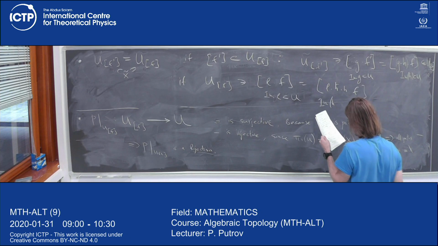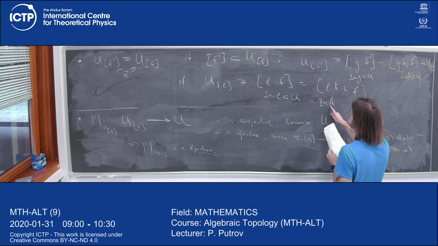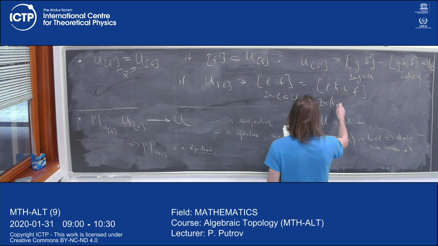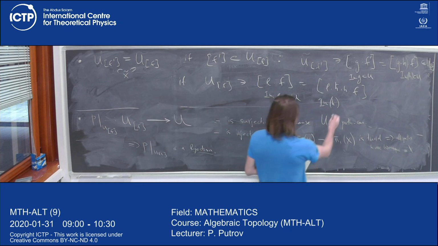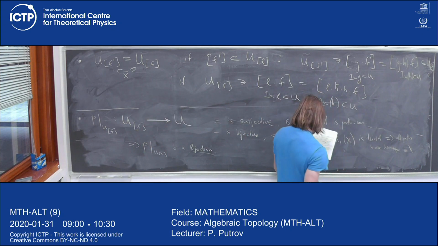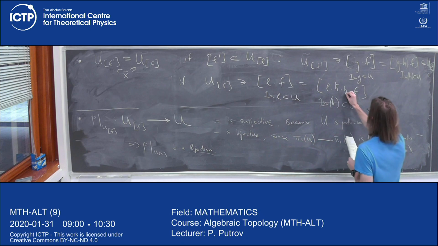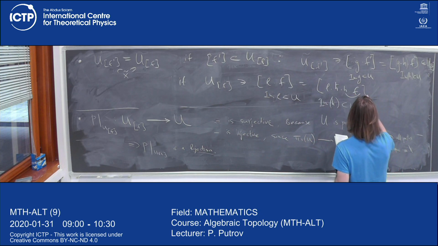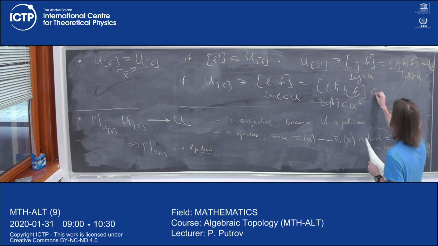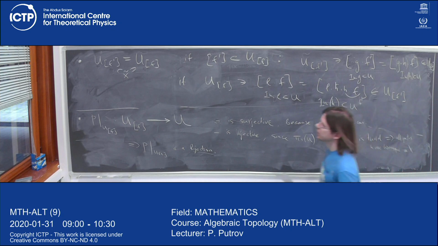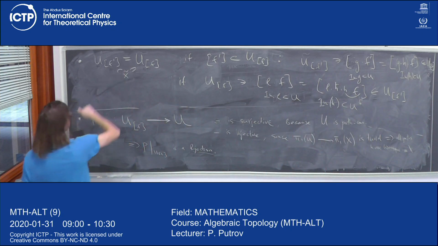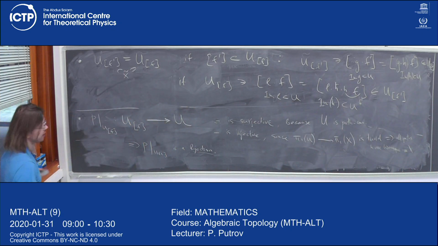I'm just inserting h and h bar, where the image of h is in U, and then I use the formula. This is f prime, and this is also an element in this set here. So I showed that these sets are the same.